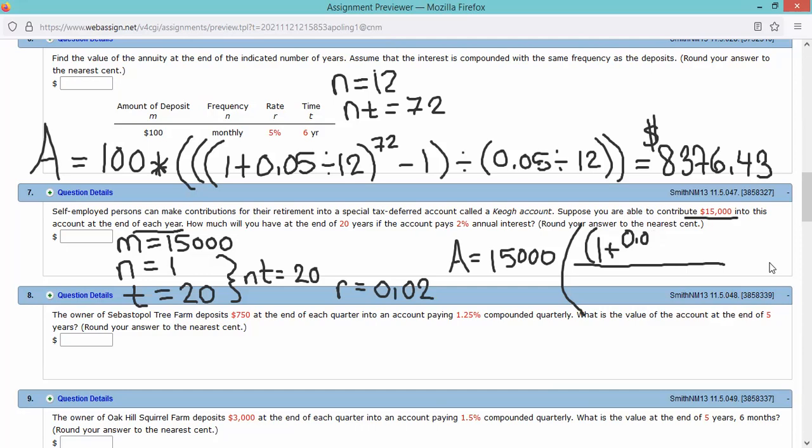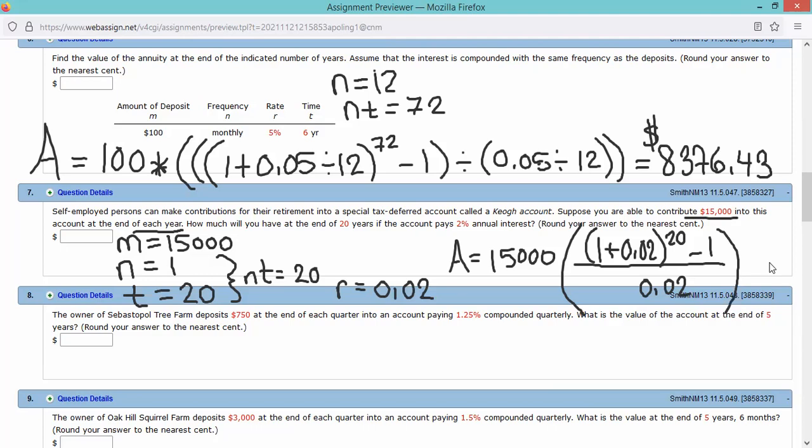Let me write that, raised to the power 20, right? Take away 1. And then we're dividing that quantity by 0.02. And that's the quotient that we're multiplying onto that 15,000.